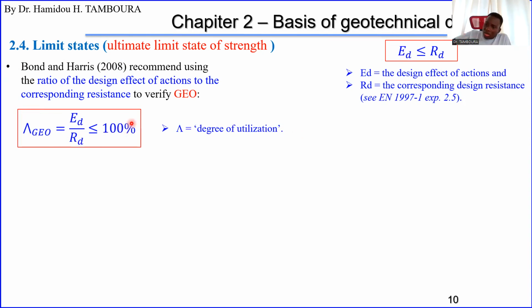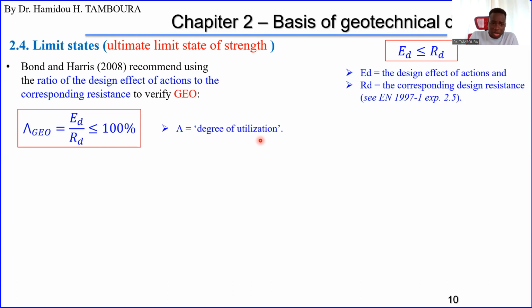So this means, what is the percentage? Because you have the resistance, this is your power, and what is the capacity of this power you have used? What is the percentage of your total resistance you have used? That's why they are saying degree of utilization. For example, if this is equal to 80%, it means you have utilized 80% of the total resistance, the total force.